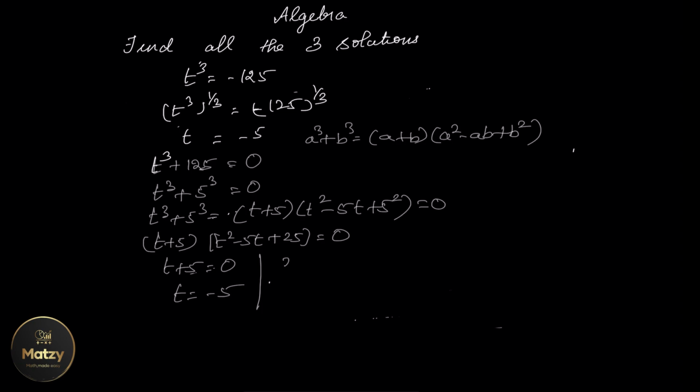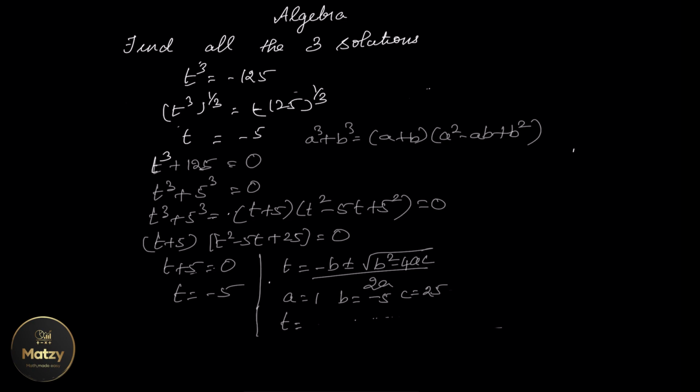What is that? t is equal to minus b plus or minus root of b square minus 4ac, whole divided by 2a. What is a? a is 1, b is minus 5, c is equal to 25. Okay.